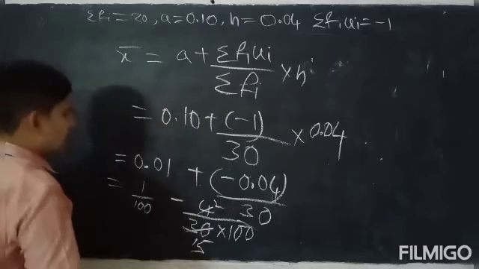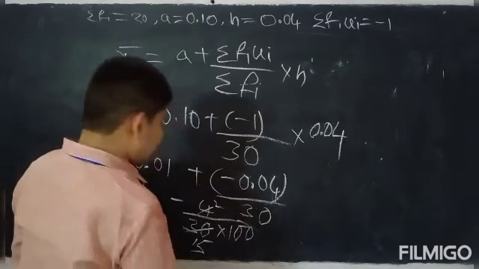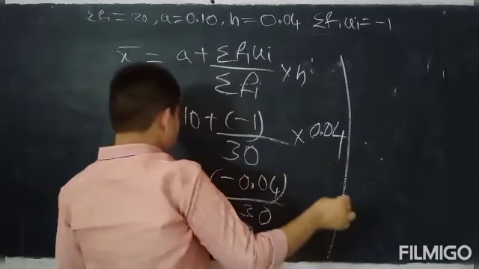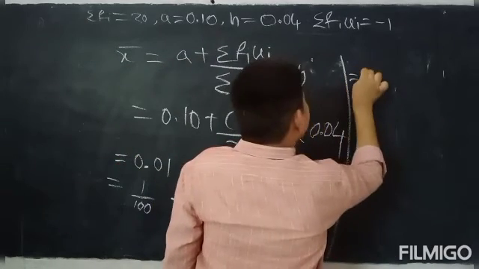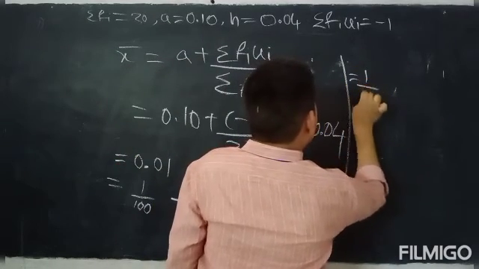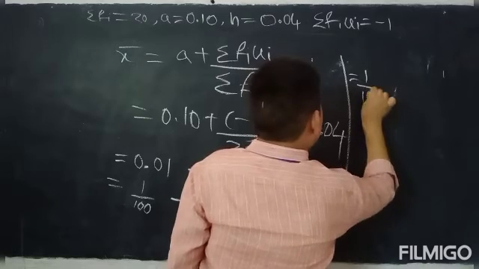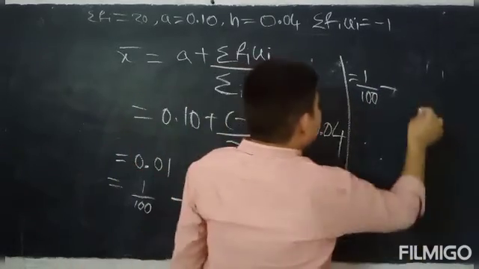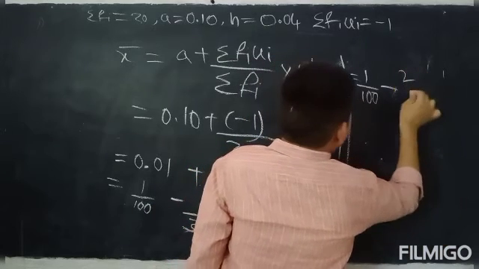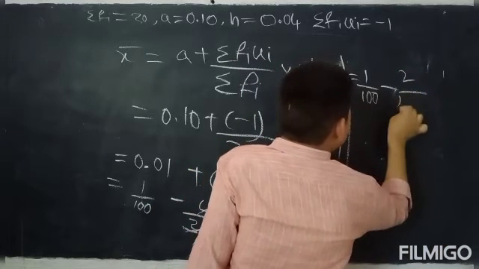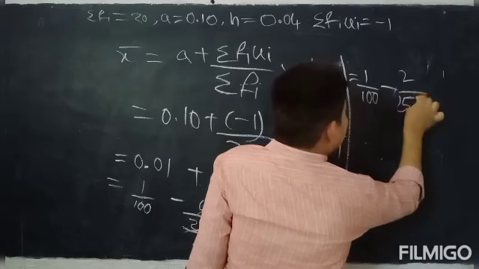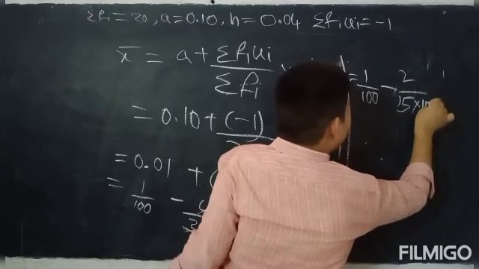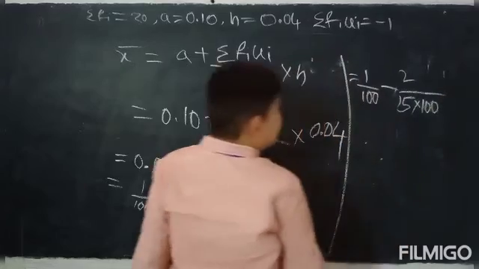So that equal to 1/100 minus 2/15 into 100. Okay? 2/15 into 100.